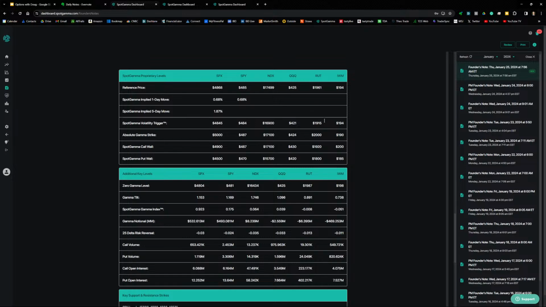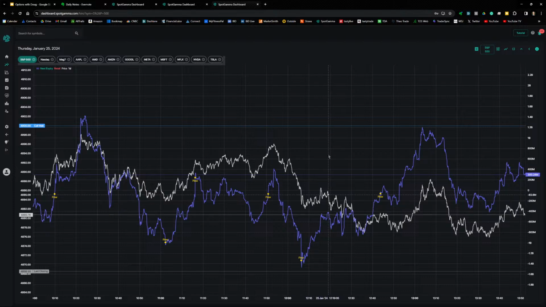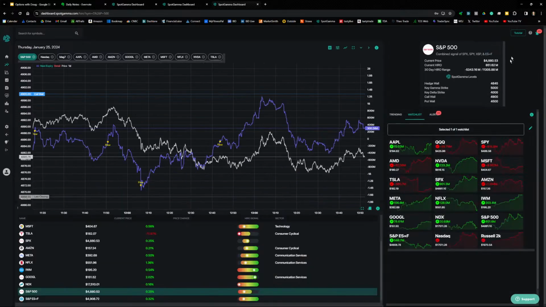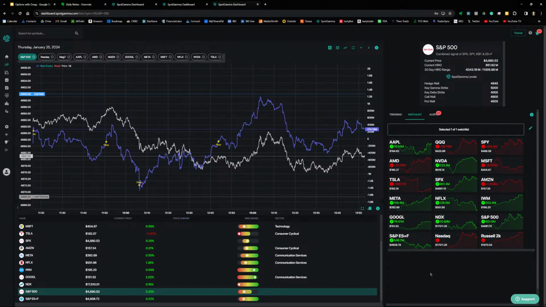All right, let's take a look at some setups now. I'm going to start with the S&P 500. So everything that we've looked at so far, other than Bookmap, is based on static data. So the levels that I was looking at, the Spotgamma levels, gamma notional, that is updated once a day.